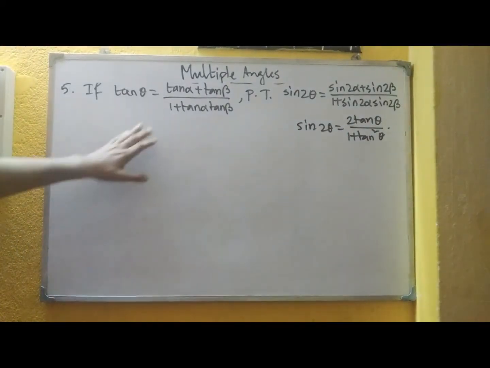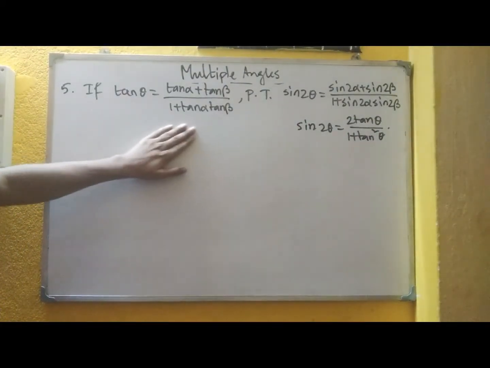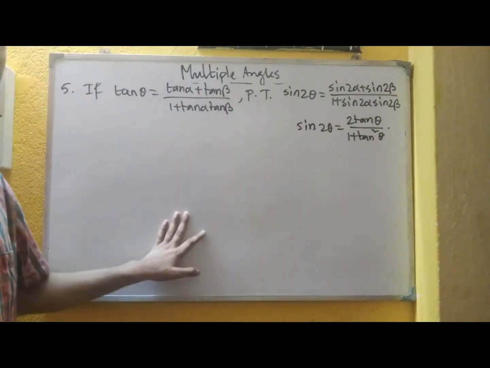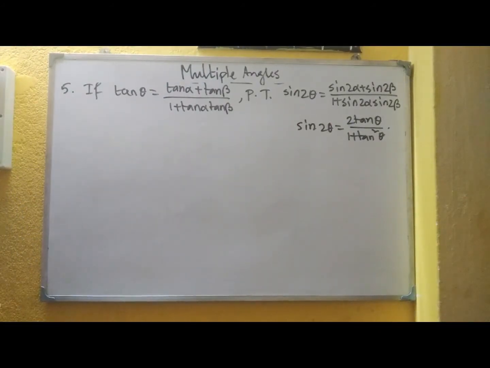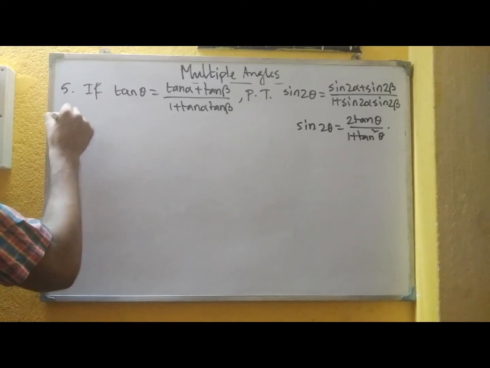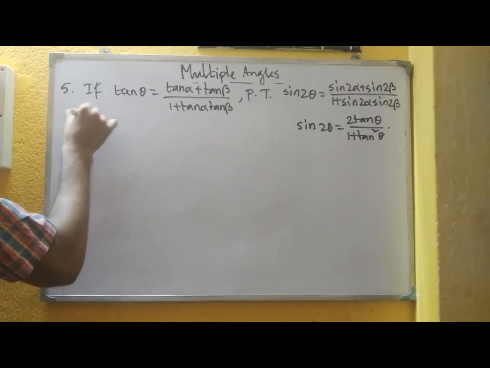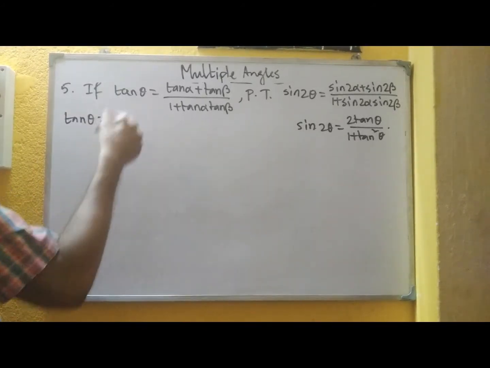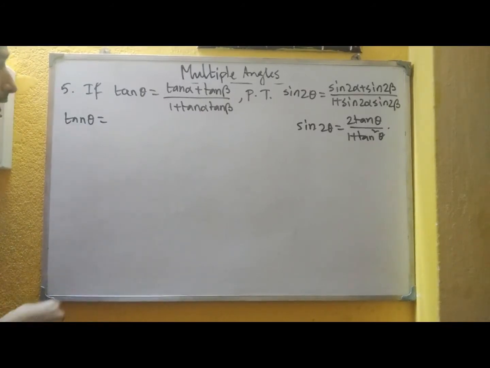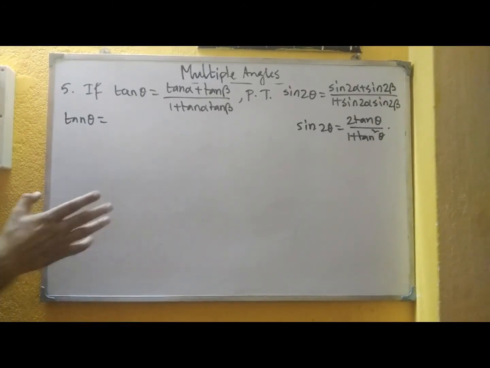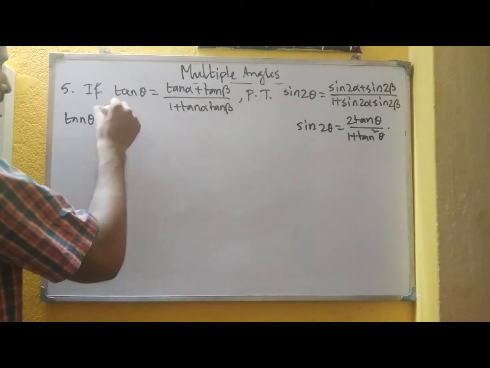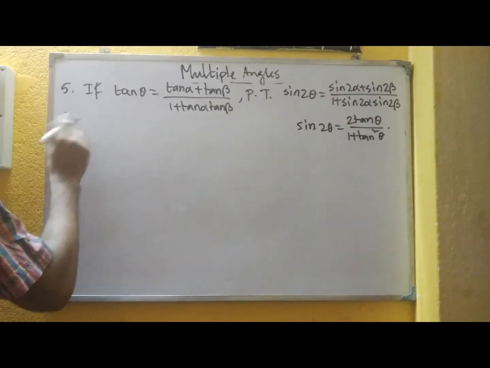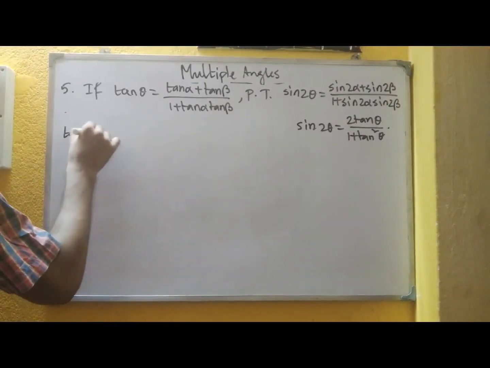So for that, we are converting the tans on the right hand side of the given condition into sin and cos. We start with the given condition, that is tan theta is equal to tan alpha plus tan beta by 1 plus tan alpha tan beta, and we are converting all the tans into sin by cos. So let's start from this line.